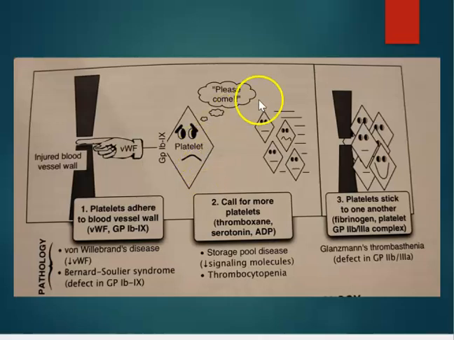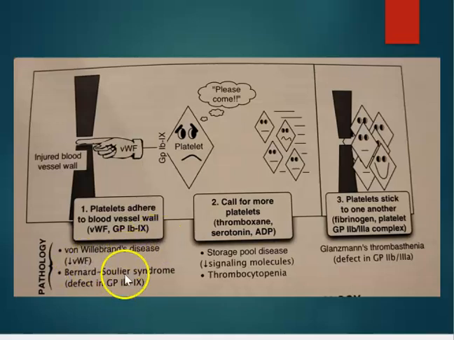Here's the platelet, and it's asking for help from the other platelets. And so platelets adhere to the vessel wall. So you need your von Willebrand factor and also your surface receptors for all these things to work. If your von Willebrand factor is not working or is abnormal, you may have von Willebrand disease. So decreased von Willebrand factor.